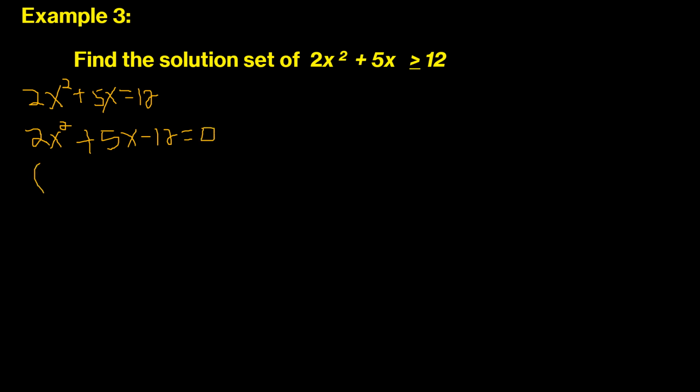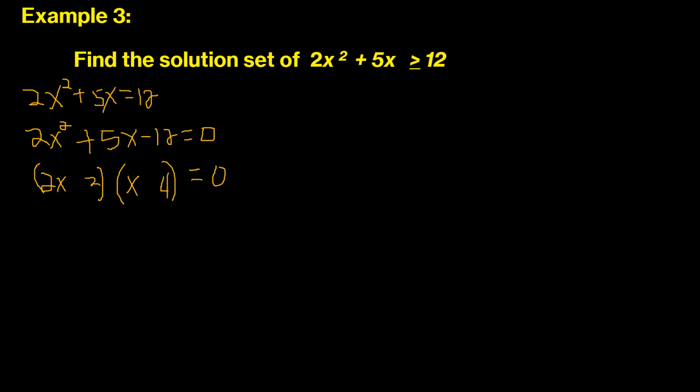Then let's try factoring to find the roots of this quadratic equation. So factoring 2x squared will give us 2x times x, and factoring negative 12 will give us 4 times 3.